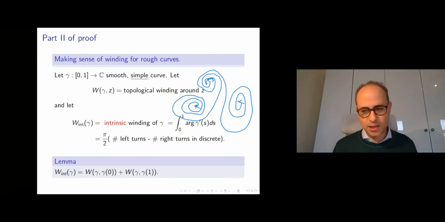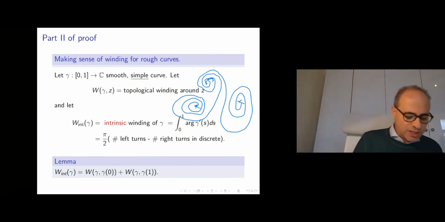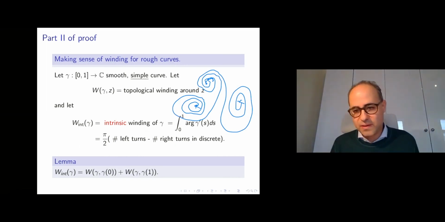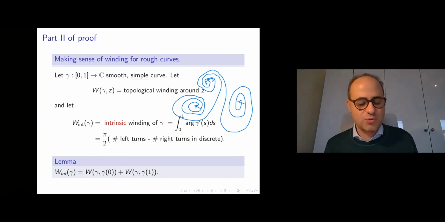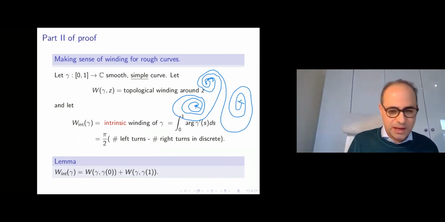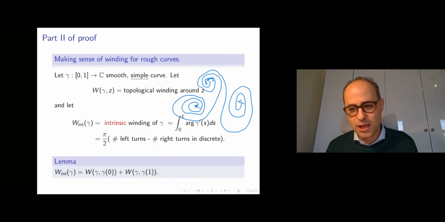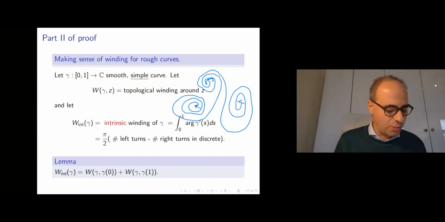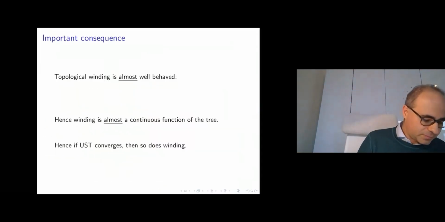And basically, the point is that if you imagine now that your path is not smooth, but is rather something like an SLE, a nasty fractal path, then this is a very useful observation, because the topological winding is a much better behaved object. So let's think of the following situation.